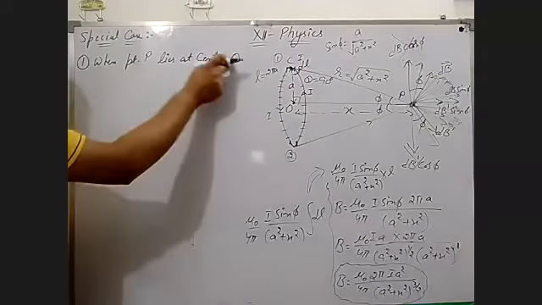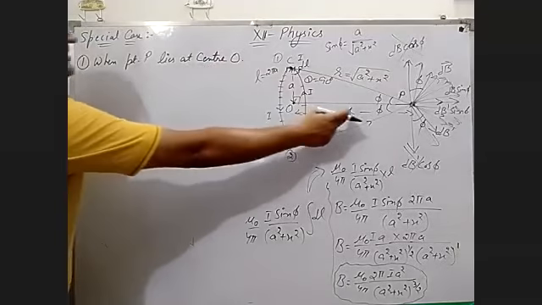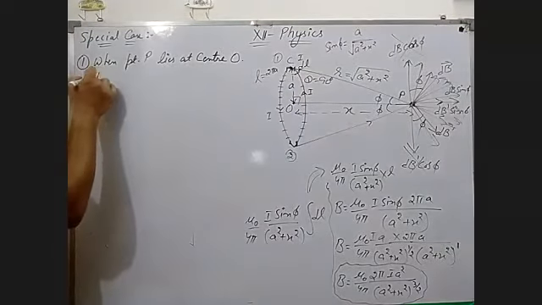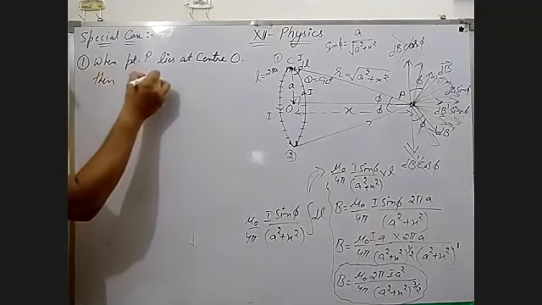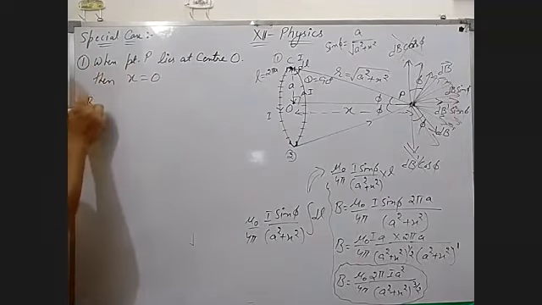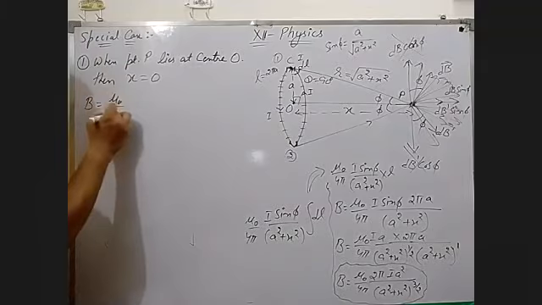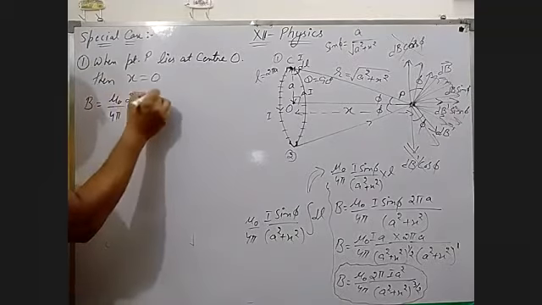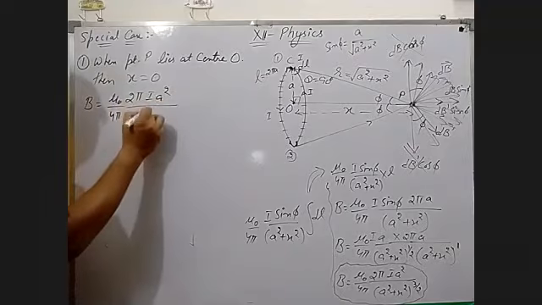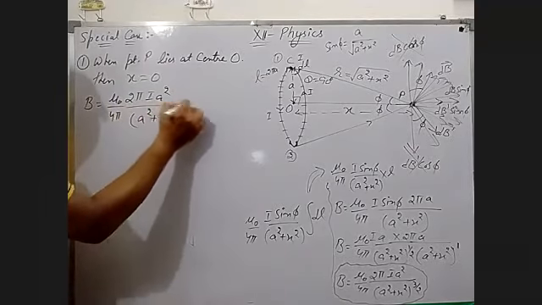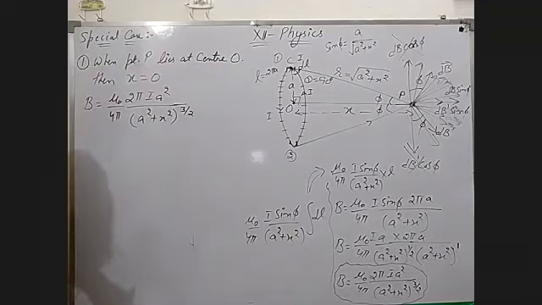If this occurs, then you can see here the value of x becomes 0. Then we have this relation, mu naught upon 4 pi 2 pi I a square upon a square plus x square power 3 by 2. Now put this value in this relation.